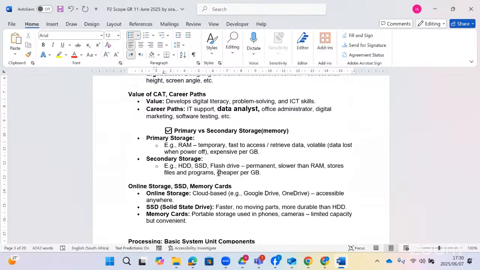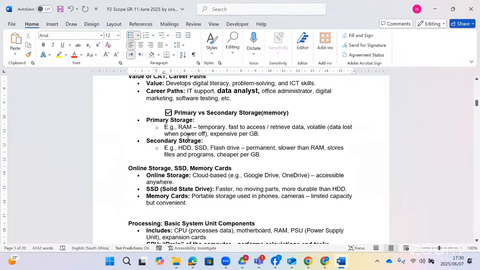In other words, the cost of purchasing these secondary storage are cheaper as compared to the cost of purchasing the primary memory like RAM. So you must know these examples and their definitions.